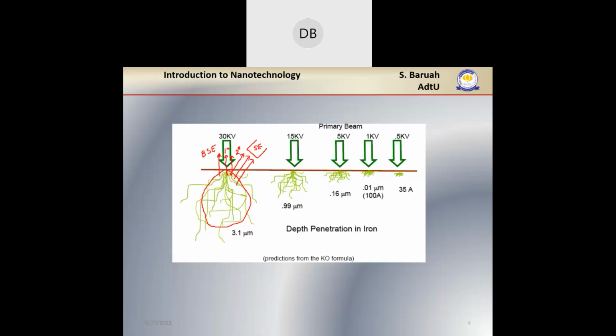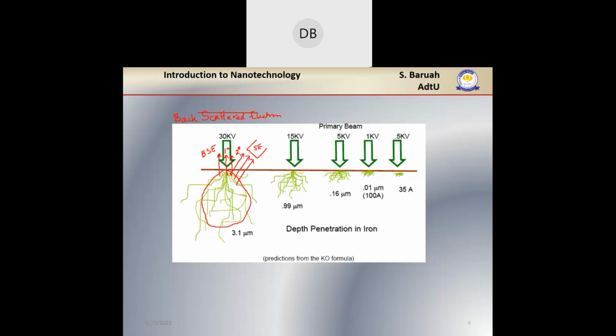Okay, this is the name, backscattered electron. So this is the BSE, the backscattered electrons going vertically up.